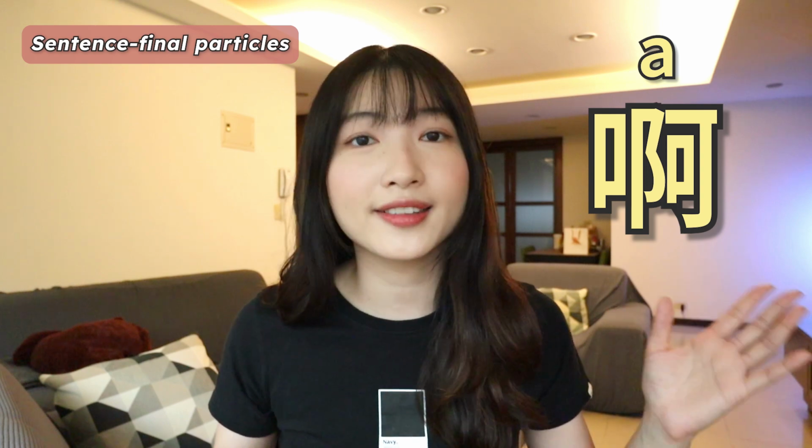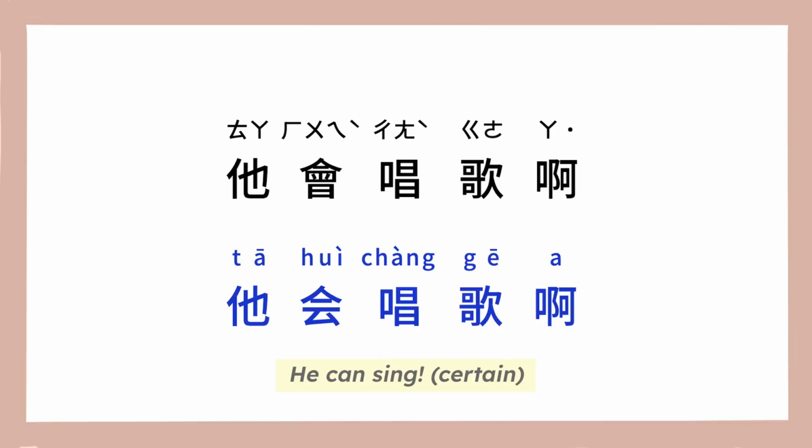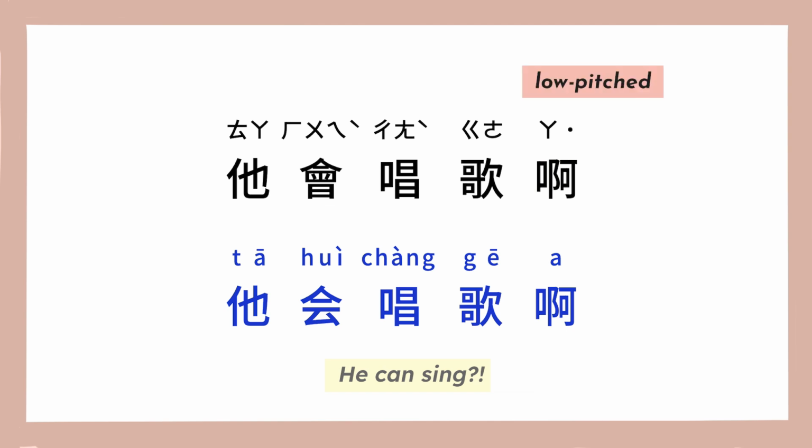If you say 他会唱歌啊, the high-pitched 啊 here shows that the speaker is certain that he can sing. However, if you say 他会唱歌啊, the low-pitched 啊 here indicates that the speaker is uncertain about whether he can sing or not and is asking for a confirmation or simply expressing their surprise.